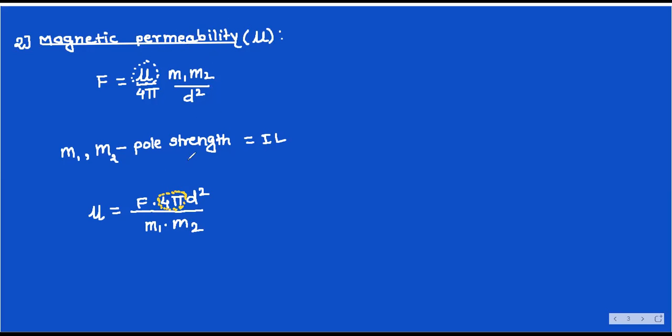Therefore, mu is equal to F into d square divided by m1 into m2. Why?